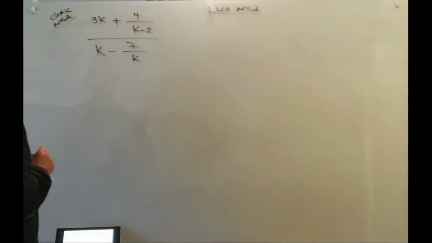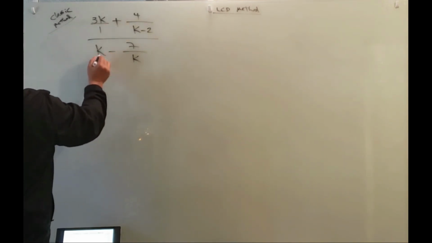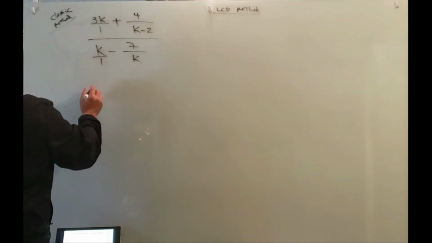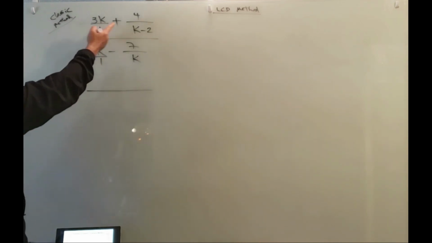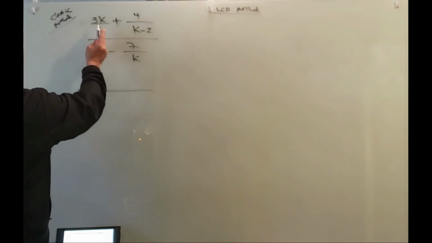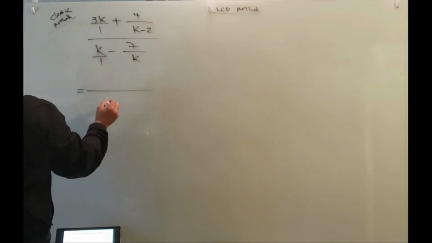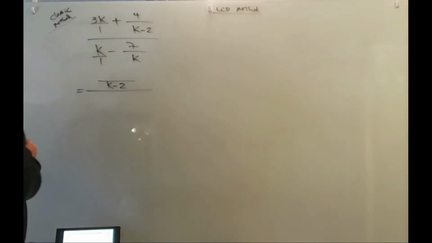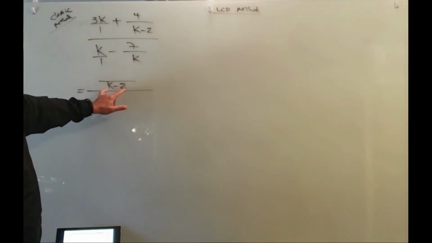Okay, so for the classic method, notice that we're just going to go ahead and throw a 1 under those two terms to turn these both into fractions. And we will go ahead and find the LCD for the top. Notice you have two fractions, and the LCD is just going to be k minus 2. So we have to turn the 1 into k minus 2.